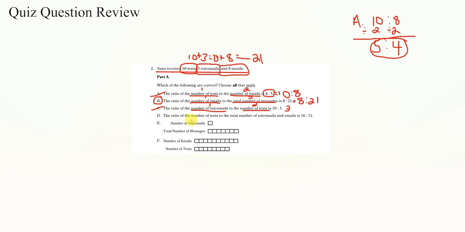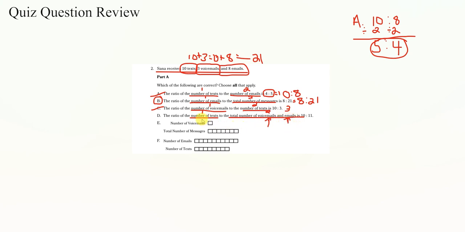Next, the ratio of the number of texts first to the total number of voicemails and emails is 10 to 11. Notice that. I noticed you guys messing up on the test. So we have to add voicemails and emails, so I'll put an arrow to that one.